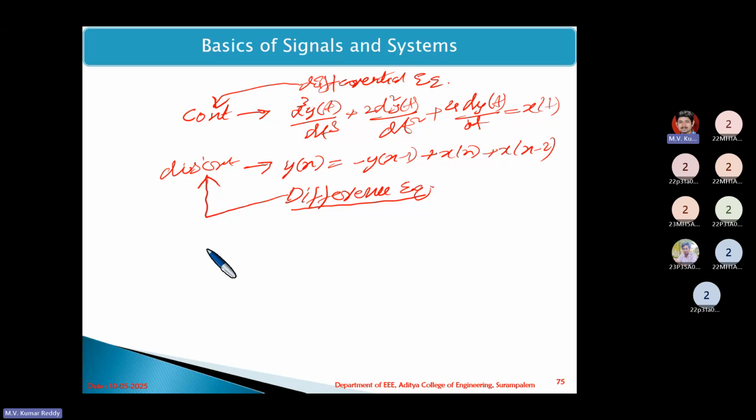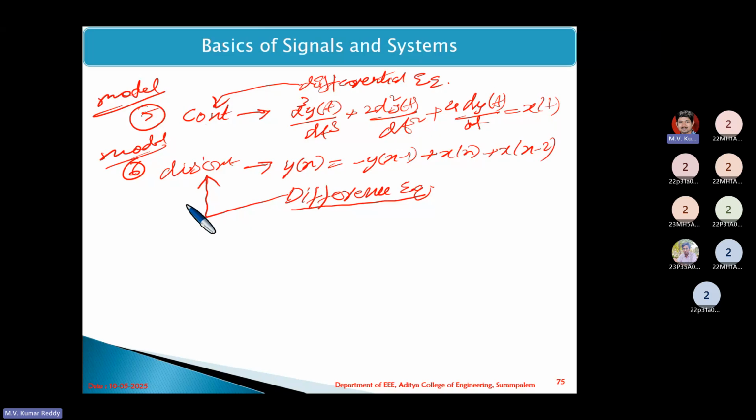This is model number 5, and this is model number 6. Got it? Whenever you see a differential equation, this comes under a continuous system. Whenever y of n minus 1, x of n came, this comes under a difference equation.